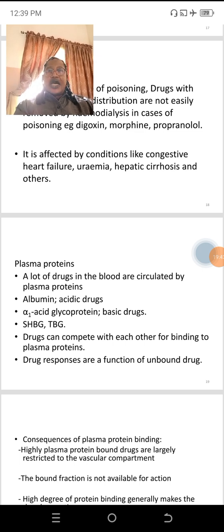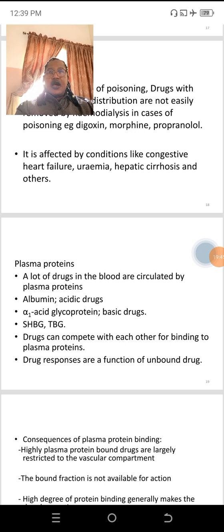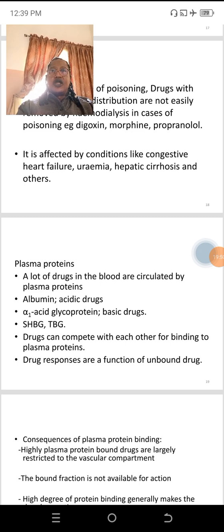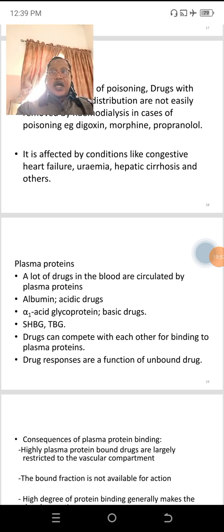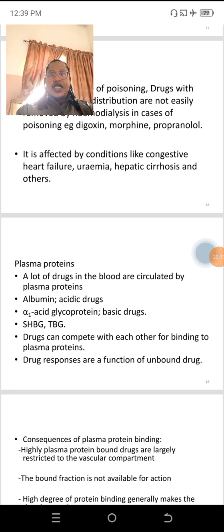We should also note that drugs can compete with each other for binding to plasma proteins. This is of clinical importance because if a drug displaces another drug from the binding site, it means the free fraction of the displaced drug will become higher. Drug responses are a function of unbound drugs.